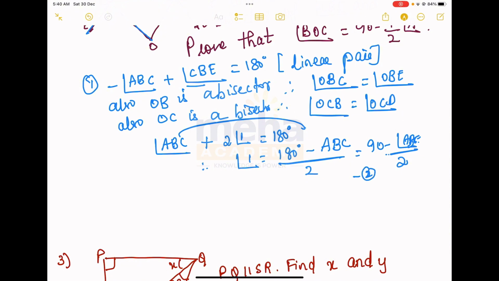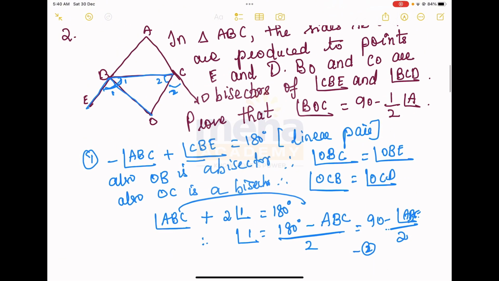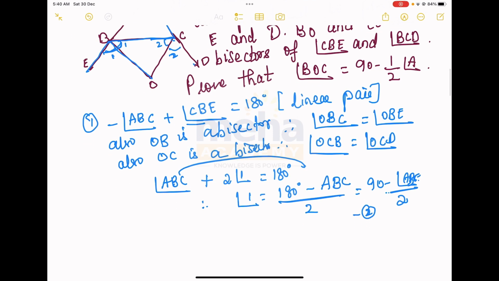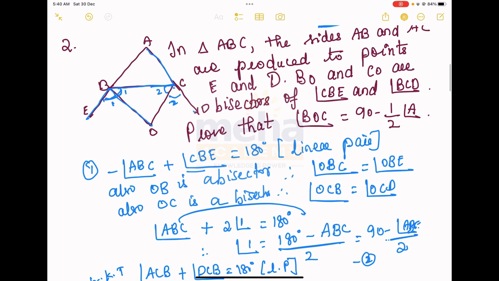Then come to the other side. We know that angle ACB plus angle DCB is equal to 180 degrees, for the same reason, linear pair. Instead of writing DCB, I can write 2 times angle 2 because OC was a bisector.